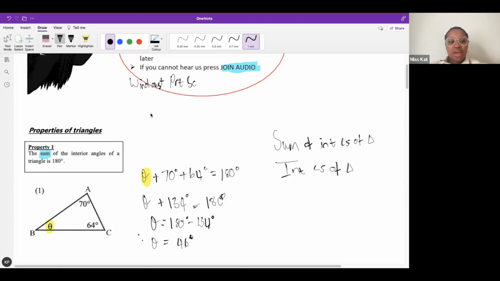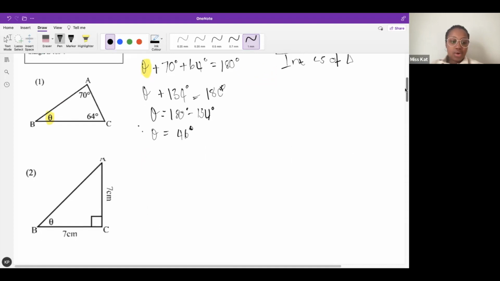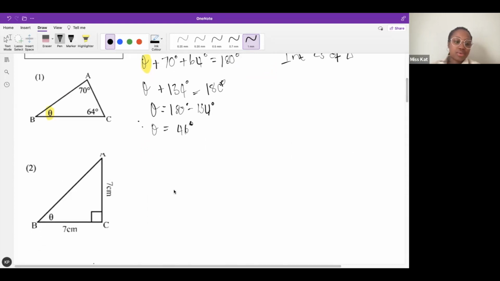So if you have a triangle and you know two of the angles, you can use them to find the third angle. Now here's another triangle. I want to know how big theta is. We're still working with theta.